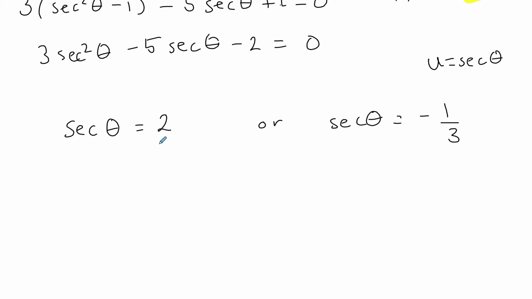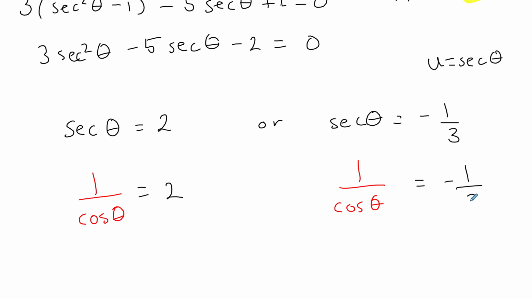So once you have that, then you want to solve it, but you have no idea how secant theta behaves as a graph, for example, or in terms of values. So let's just replace it back with 1 over cos theta. So same thing here, 1 over cos theta. And that's equal to 2, that's equal to negative 1 over 3.